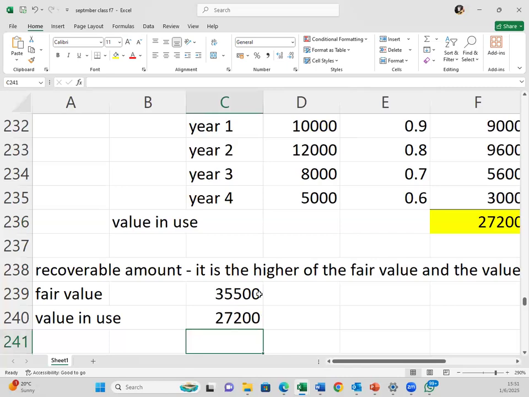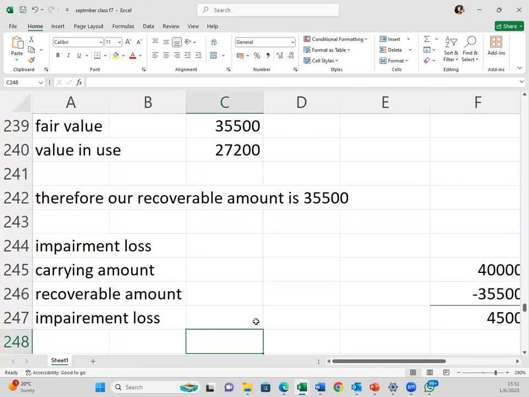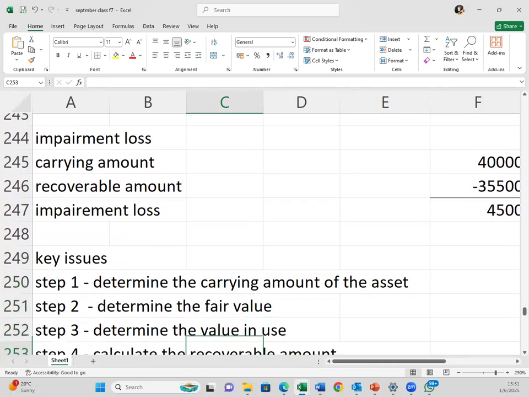The higher of these two amounts, last time we did mention, is the recoverable amount. After we have obtained our recoverable amount, we then say the carrying amount less the recoverable amount. That will give us the impairment loss. So we did that calculation in the last session.